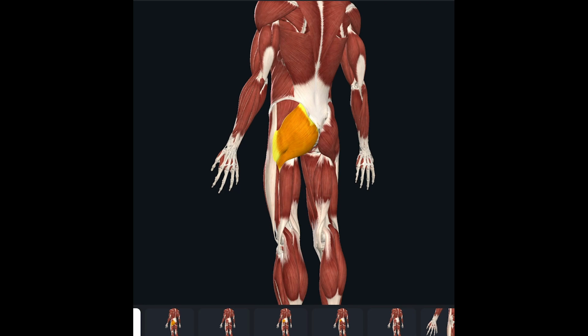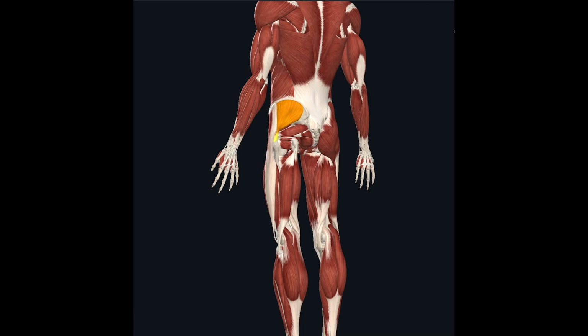So I'm going to hide the gluteus maximus and show you the gluteus medius. And this is the gluteus medius. So the medius actually pokes out from underneath the maximus. So I'll put the maximus back on. And you can see the origin of the gluteus medius from underneath the maximus.